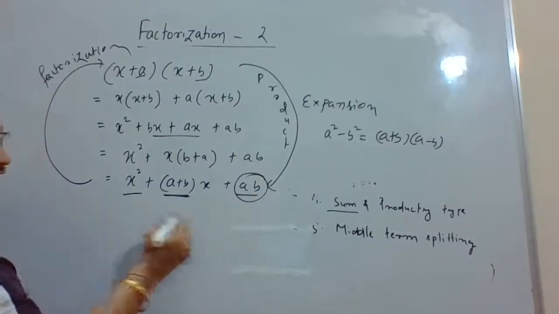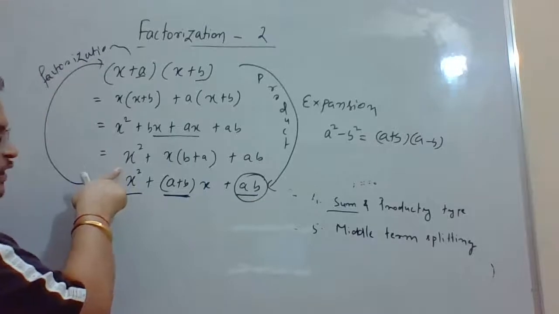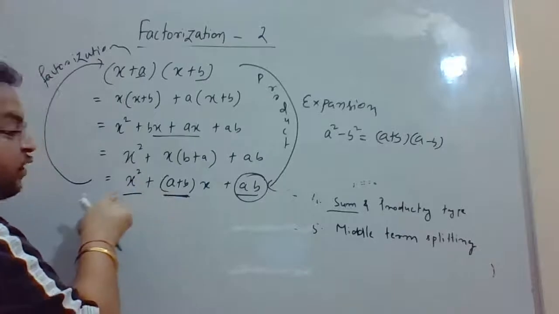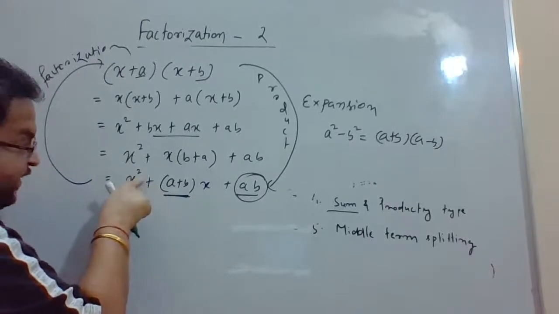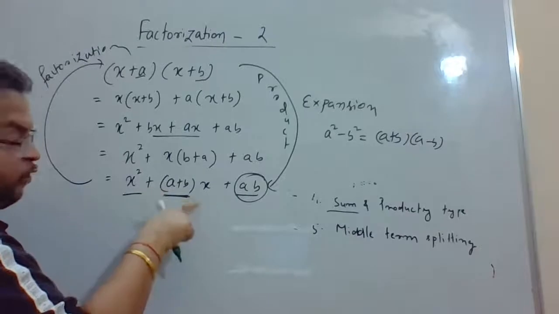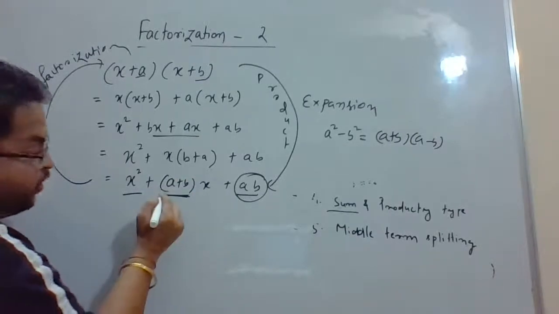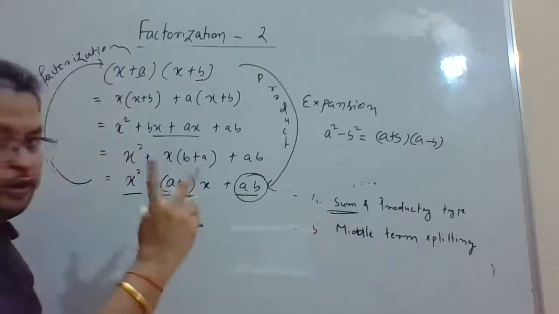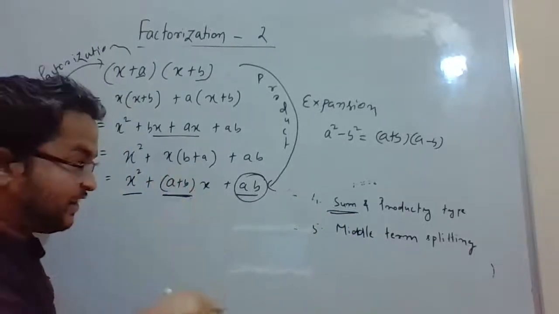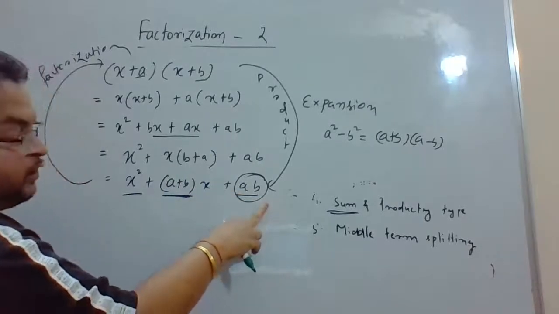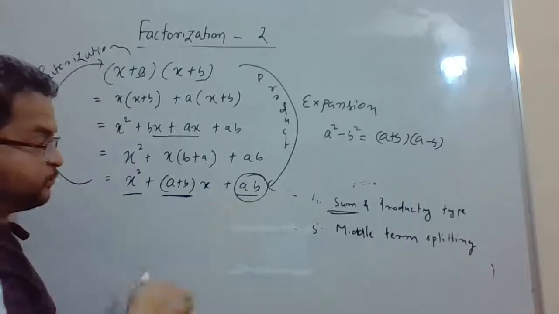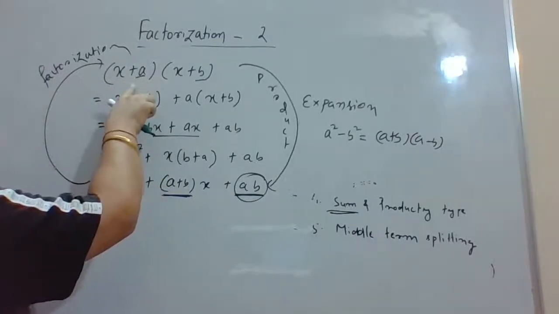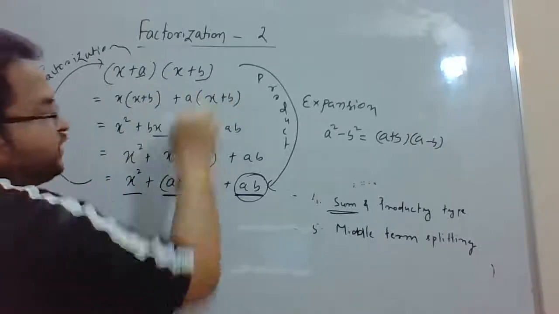If you get a quadratic trinomial such that the coefficient of the middle term can be expressed as the sum of two numbers, and the term without the variable can be expressed as the product of the same two numbers, then we can easily factorize that as x plus a into x plus b.